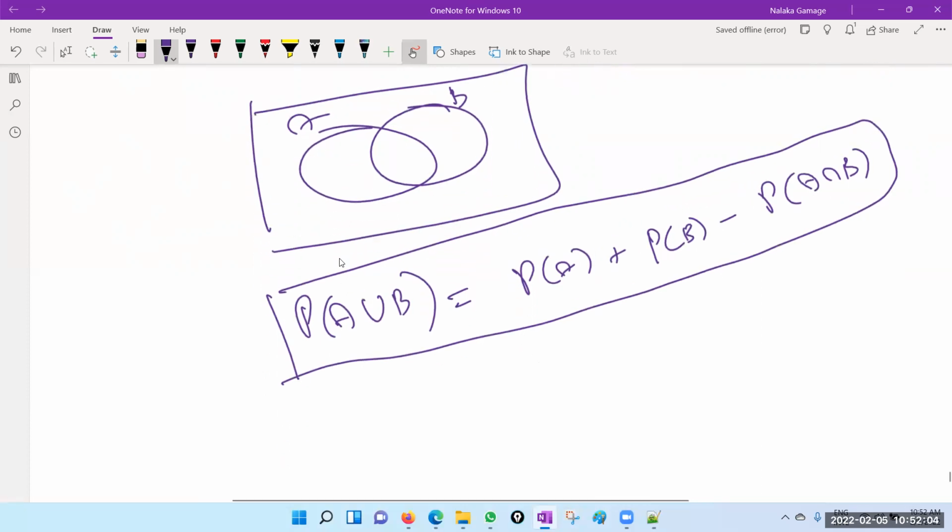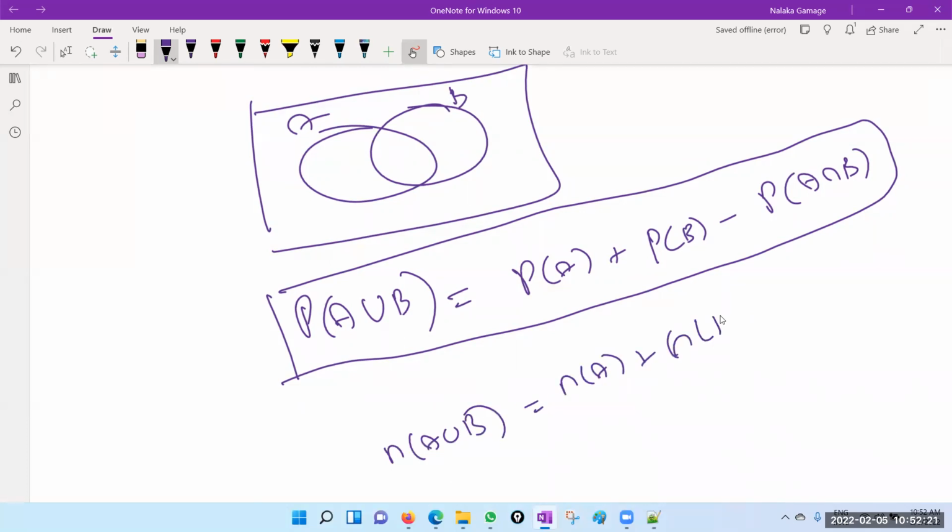So can we prove it? Because in maths, either it must be an obvious thing or you must be able to prove it. I don't think this is a very obvious thing, right? So we have to prove it. Remember in sets we know n(A union B) is n(A) plus n(B) minus n(A intersection B). And you know why we have to subtract this: because the elements in A intersection B are counted twice. They are counted when you are calculating n(A), and when you are calculating n(B).